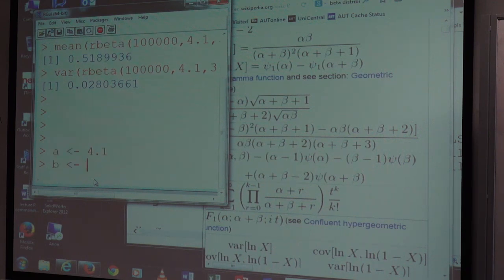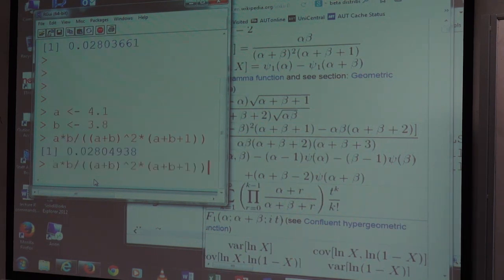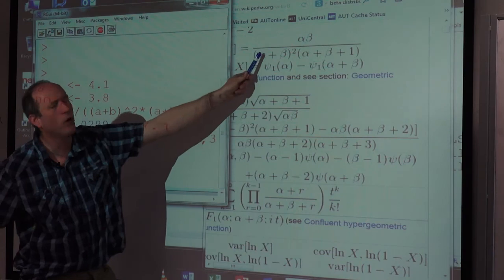A is 4.1 and B is, what was it, 3.8? Yes. Here's a formula.